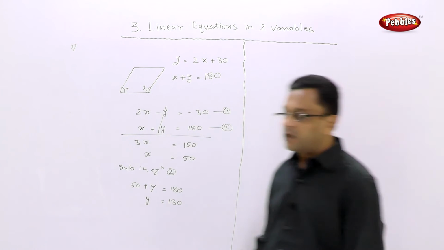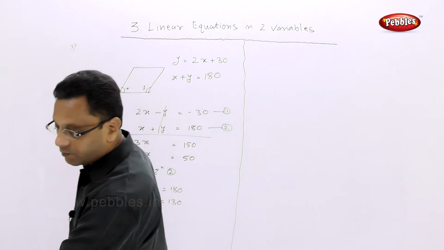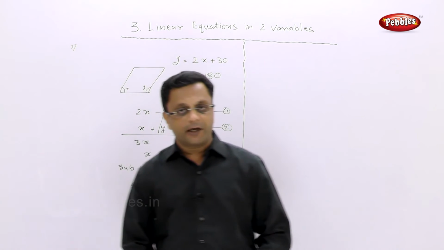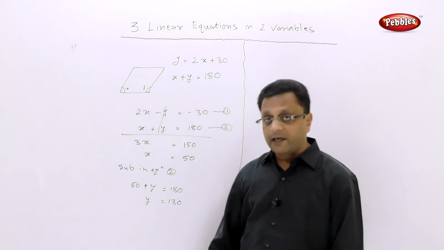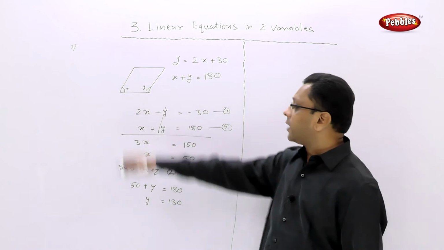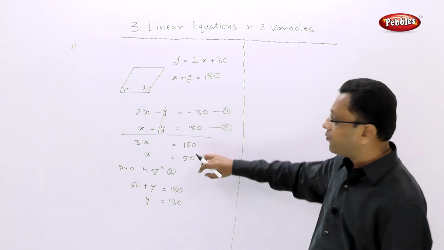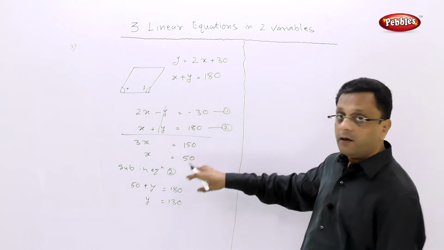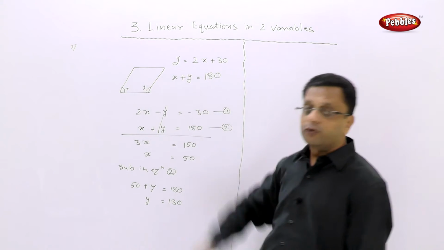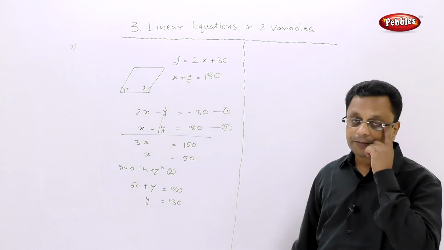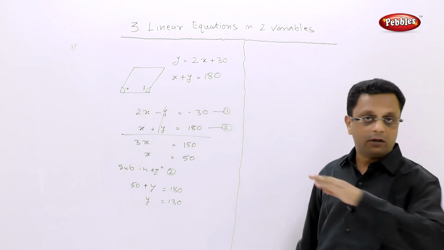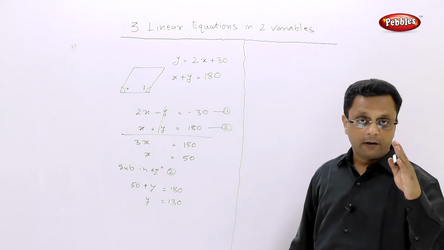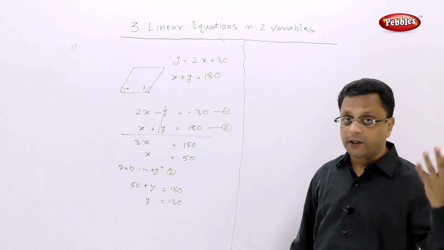Okay, what is asked? Find the measure of each angle. So I can write that the acute angle is 50 and obtuse angle is 130, right? And the answer is wrong. Why? Because I did not say the unit.